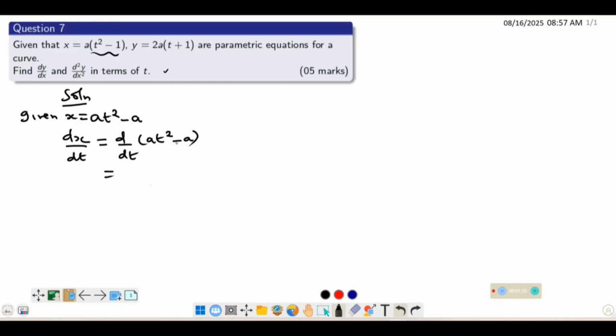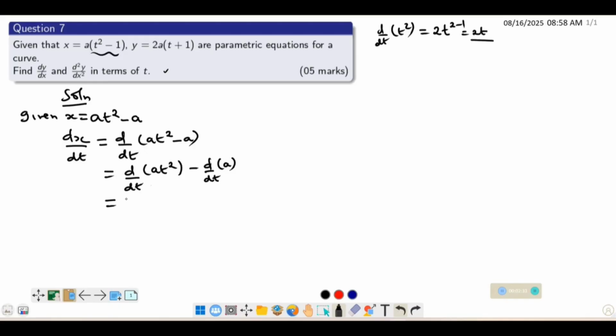Differentiating this is the same as differentiating each of the individual terms: differentiating at squared, and differentiating a with respect to t. When you differentiate at squared, remember a is a constant, so you will be differentiating t squared. To differentiate t squared with respect to t, you simply drop the power and reduce the power by 1, and this gives us 2t.